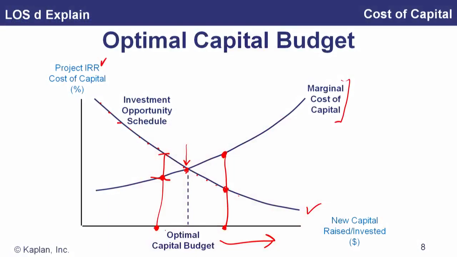So by coming up with an upward sloping marginal cost of capital schedule and a downward sloping investment opportunity schedule, we can identify this optimal capital budget that's going to maximize the value of the firm, at least based on our expectations. So, some summary here.